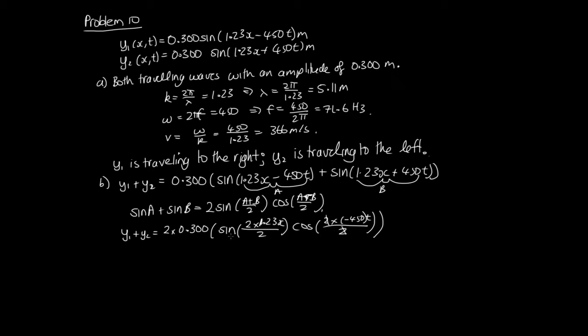Okay, so these factors of 2 cancel out, and we have 2 times 0.300, so that's 0.600 sine 1.23x cos of minus 450t meters. And we could leave it that way if we want, or we could use another trig rule that cos of x is equal to cos of minus x. So we can replace this minus 450 with 450.